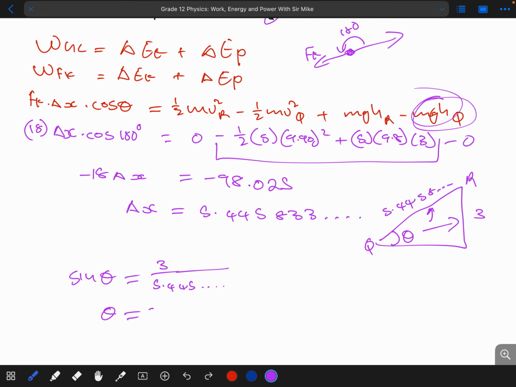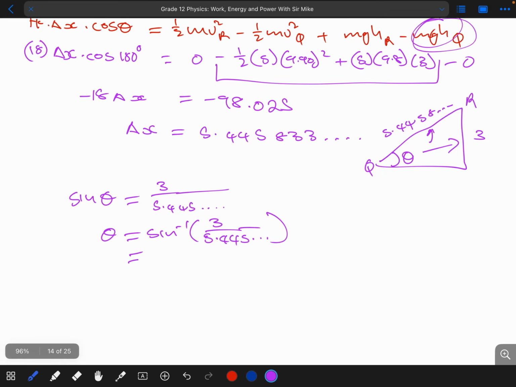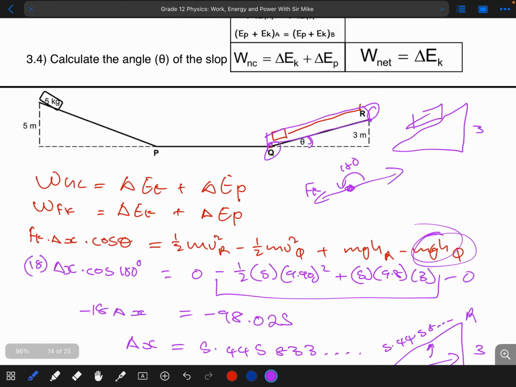So it's simply arcsine of 3 divided by 5.4458 and so on. If you put that into your calculator, your theta will be 37.14 degrees. So that will simply be your theta.